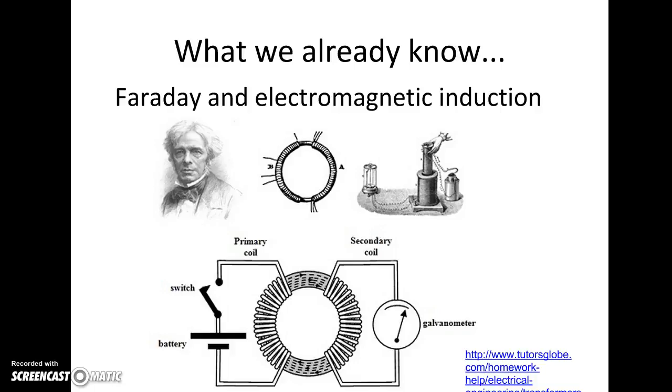So that picture on the screen there, we've got the primary coil, which has an input current into that. That's going to produce a magnetic field around it. That magnetic field is going to pass by the secondary coil, and because it's a changing magnetic field when it first gets set up, it will momentarily induce a current in that secondary coil. We'll get a reading, the reading will go back to 0. So that's Faraday's initial experiment.